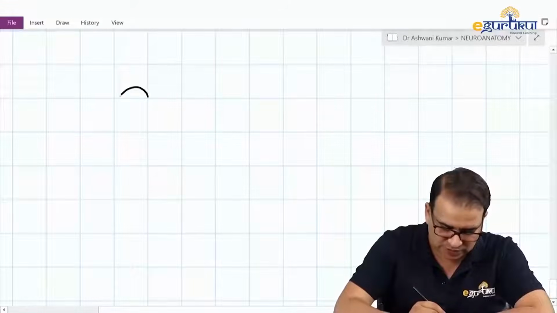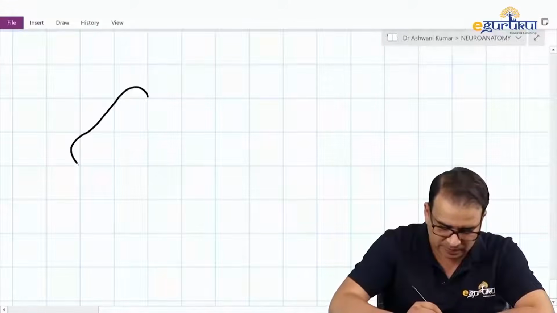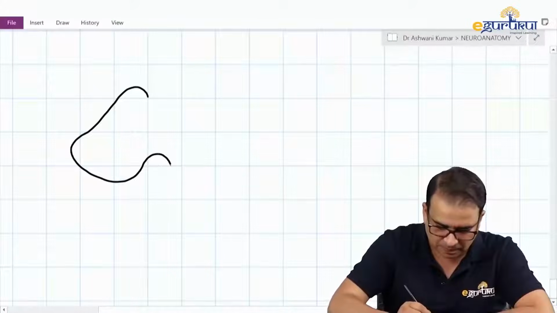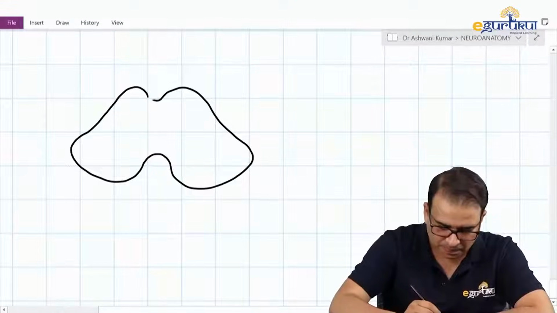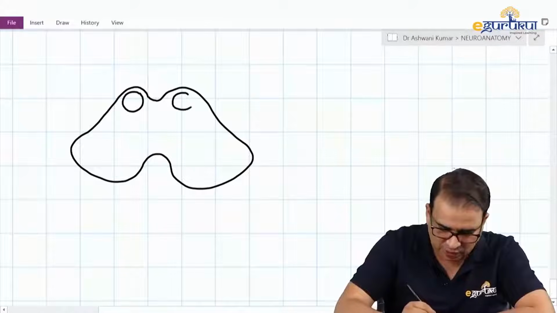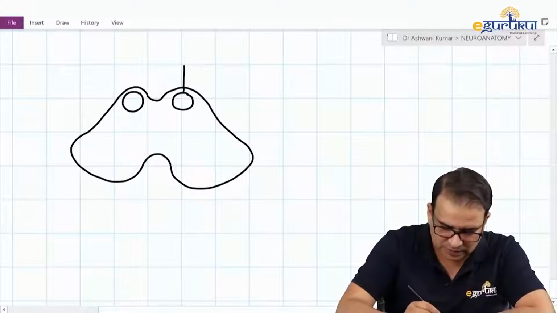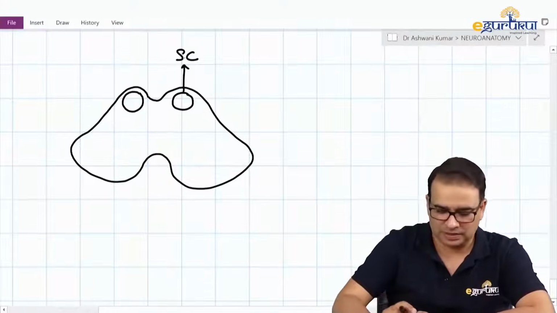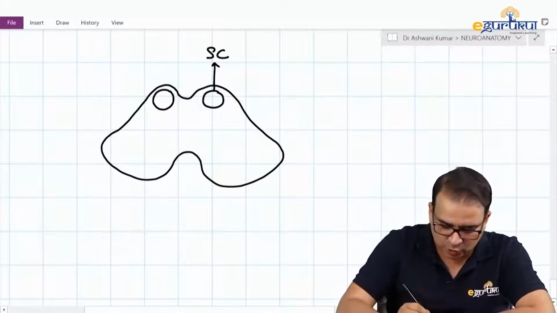That's how it goes. This is the transverse section of the midbrain. Let us say that the section is taken at the level of the superior colliculus. That's important for us. How do we divide the midbrain?